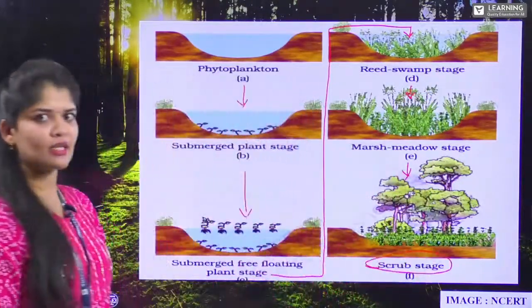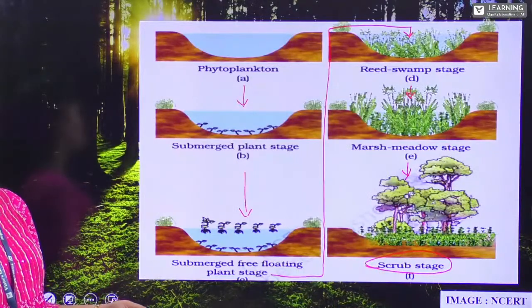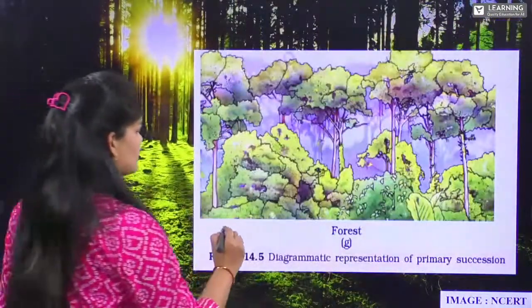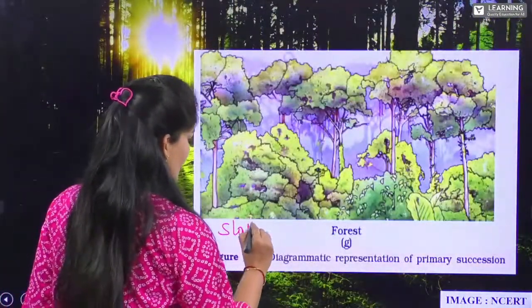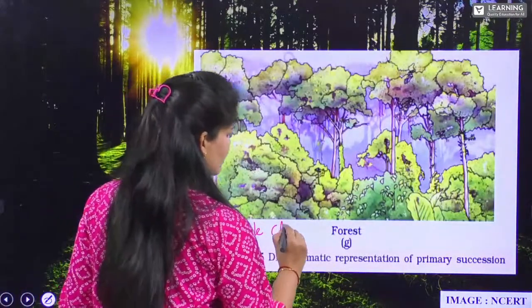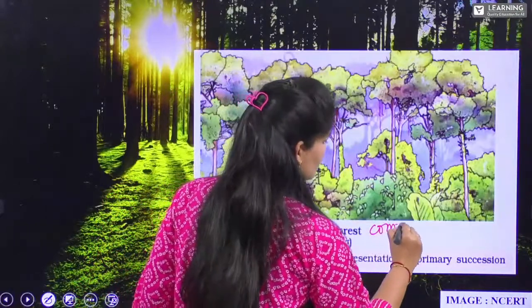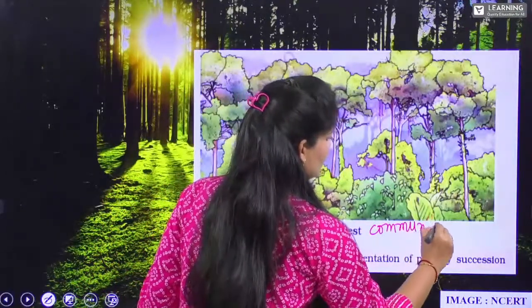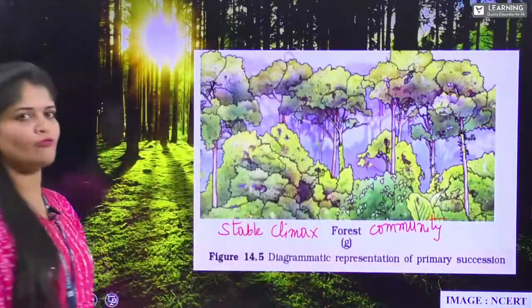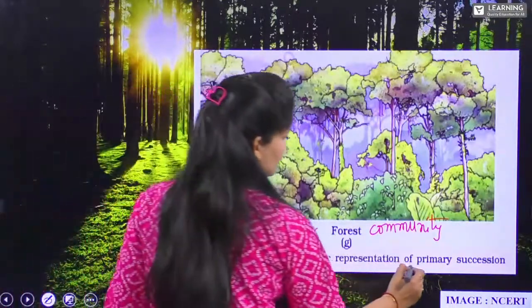And this scrub stage finally leads to your more stable climax forest community. This is the representation of primary succession.